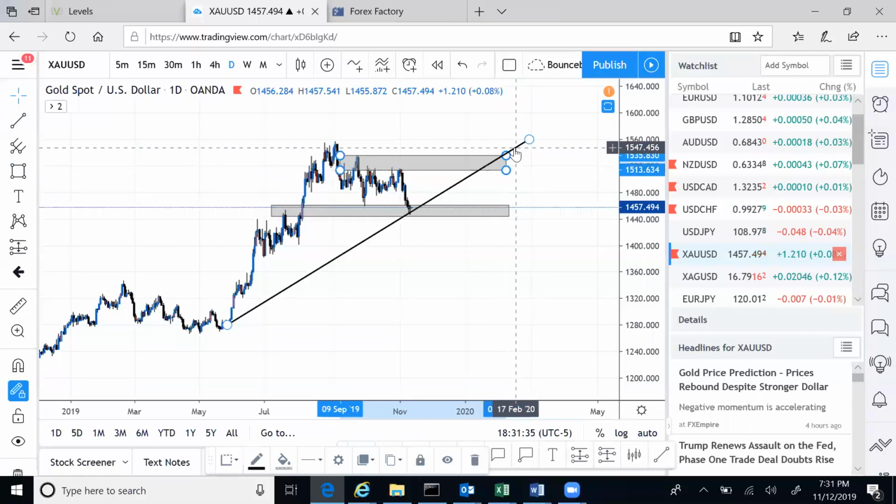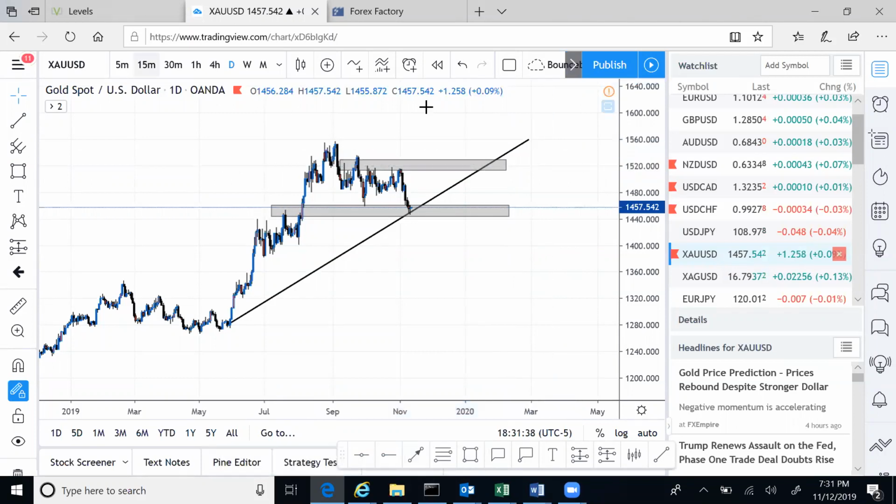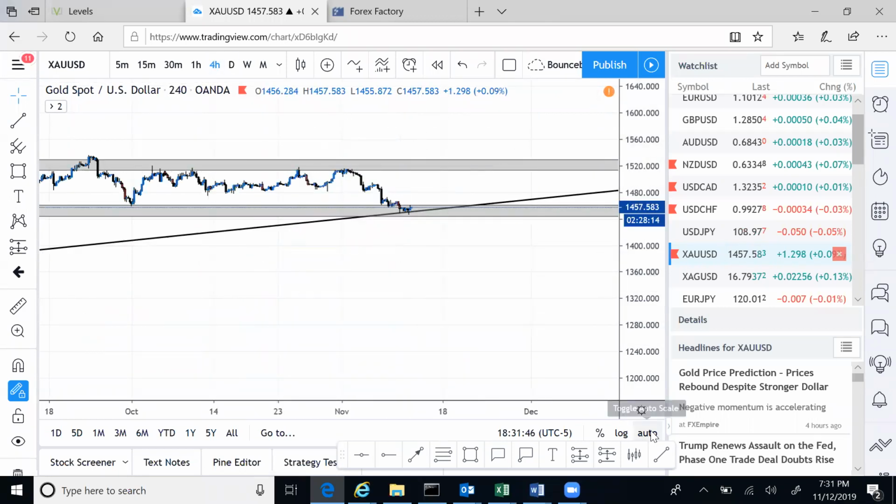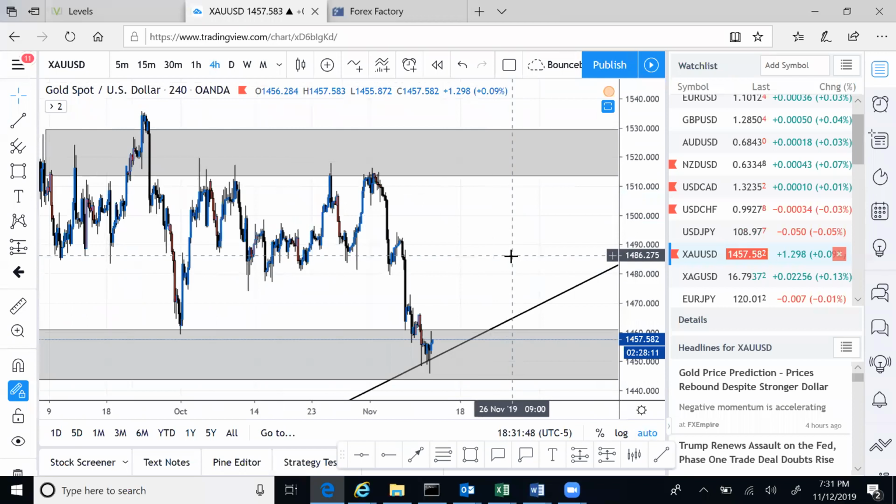All right. I'm going to keep it nice and simple. So we've identified on the daily. We come down to the 4-hour time frame. And remember, I said we need to identify patterns on the 4-hour and the 1-hour time frame.